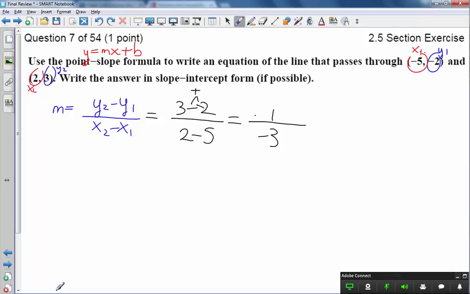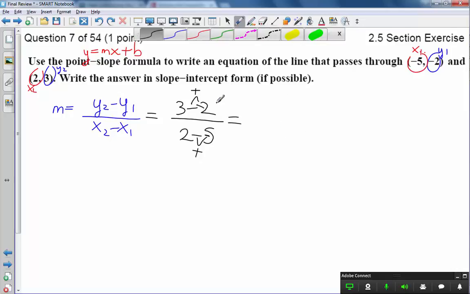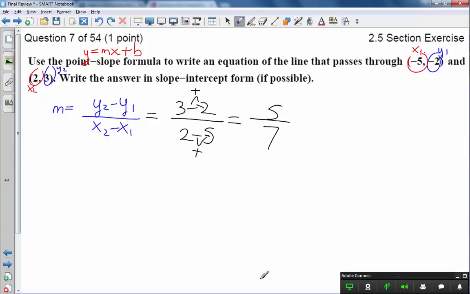Same mistake on the bottom side? That's positive. You see, our number is quite different now. 5 over 7 then, 5/7. Okay?